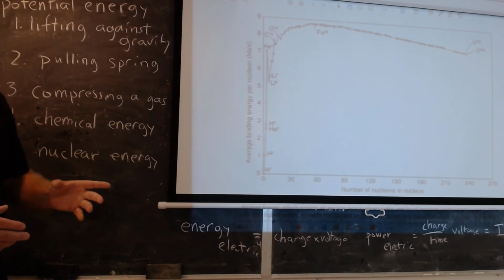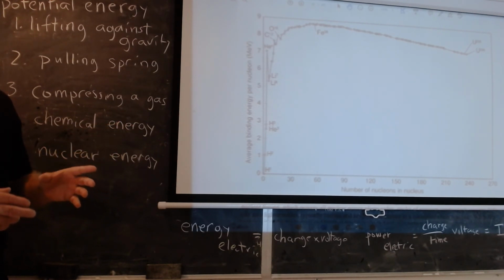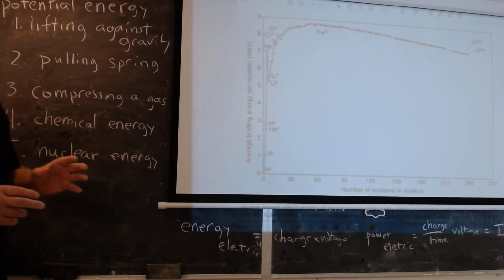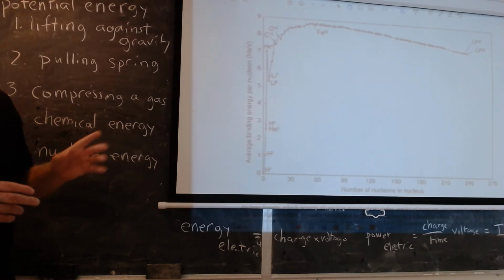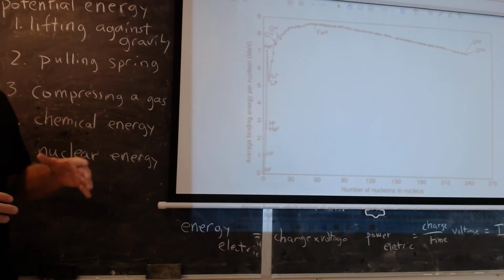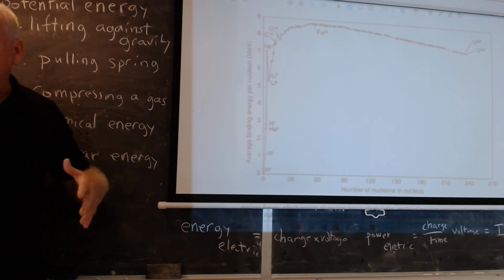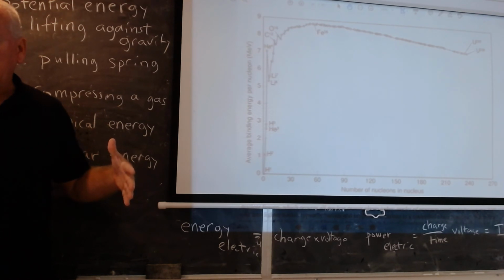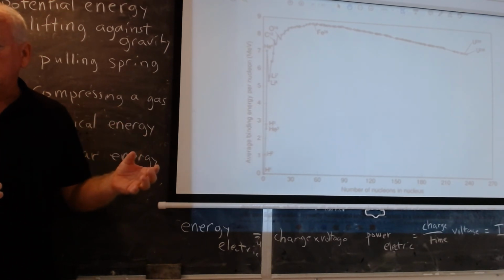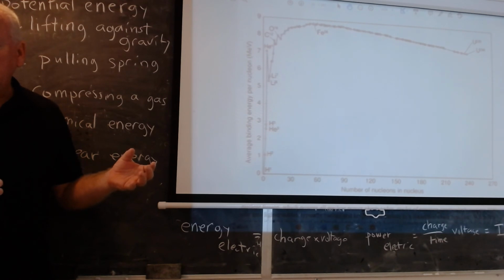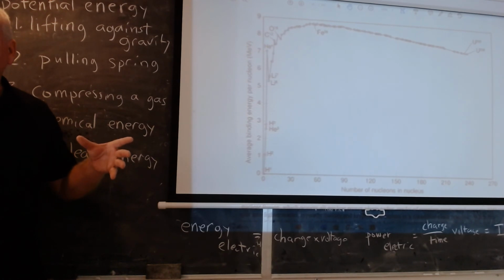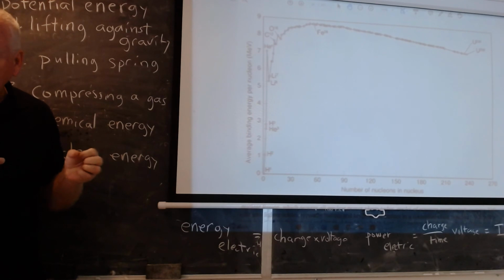They have more binding energy, sorry, other way around. Uranium is a nucleus that is less tightly bound. And when it reacts to produce these two fission nuclei, barium and something else, in the middle there, those two products of that nuclear reaction are more tightly bound.